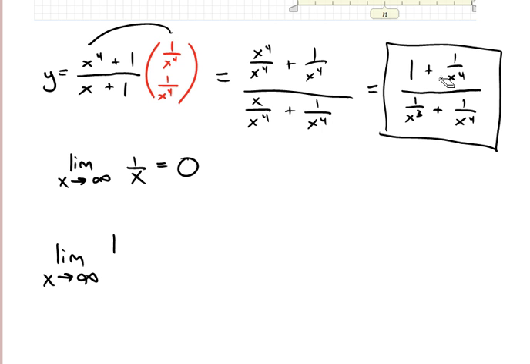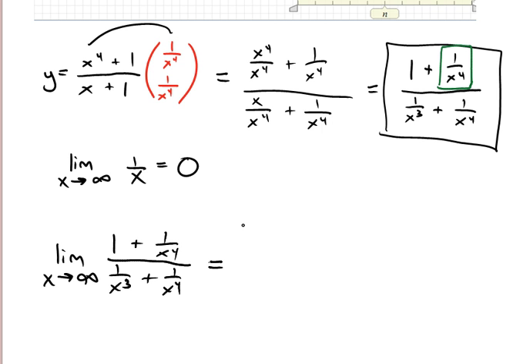This guy, though, is affected. As x approaches infinity, 1 over x to the fourth is going to approach 0. And the same goes for the denominator's pieces. What we're going to find is that we are not going to get a number answer for this.